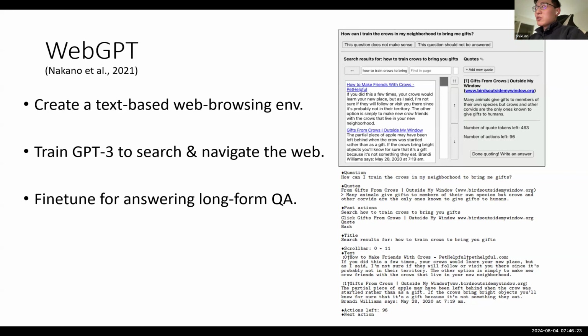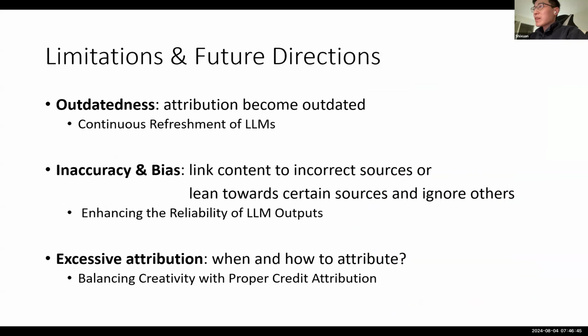They use techniques like RLHF to fine-tune their models to teach them to interact with such an environment, so that the model can further be fine-tuned to answer long-form questions and downstream tasks. Okay, so these are the main contents, I think, for this paper.